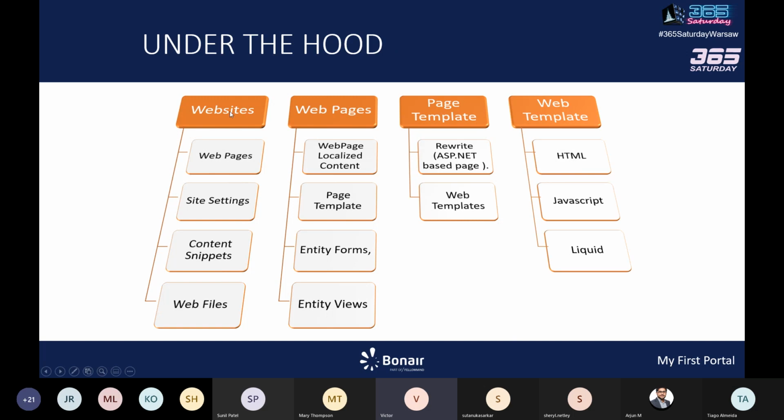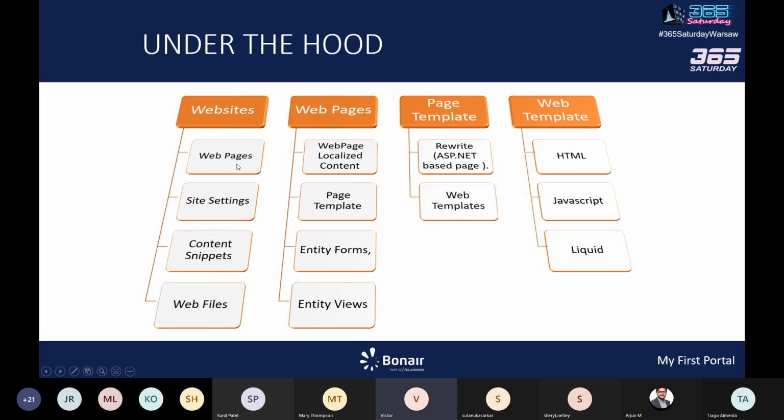So the core record for a portal website is an entity called website. And then associated with websites, you have web pages, site settings, content snippets, web files. There are lots of other entities, but I believe this top 4 are the most important, at least for this stage. Okay.